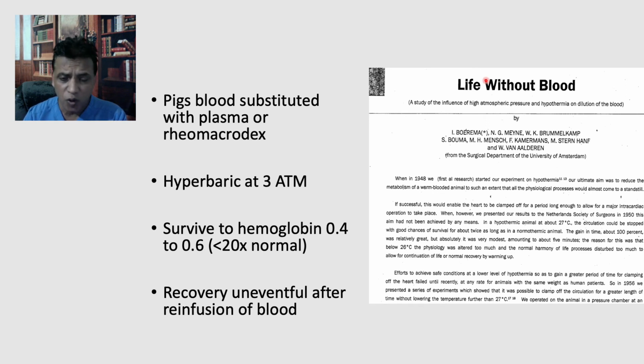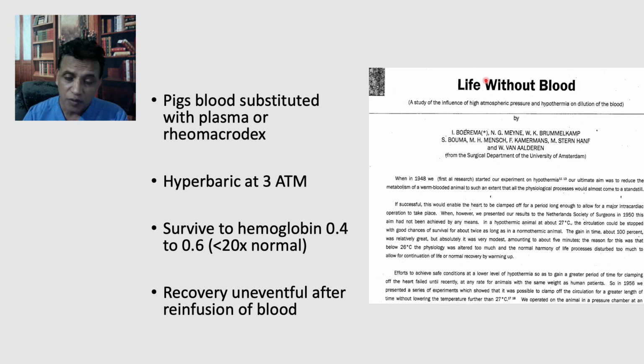So normal hemoglobin is about 12 to 16 grams per deciliter. They managed to bring it down to 0.4 to 0.6, which is 20 times less than normal, and replace it with a volume expander.